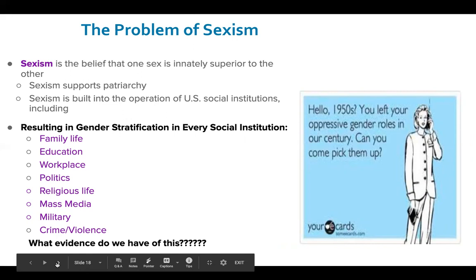But what those policies and laws cannot do is necessarily make ideology and beliefs change in people.